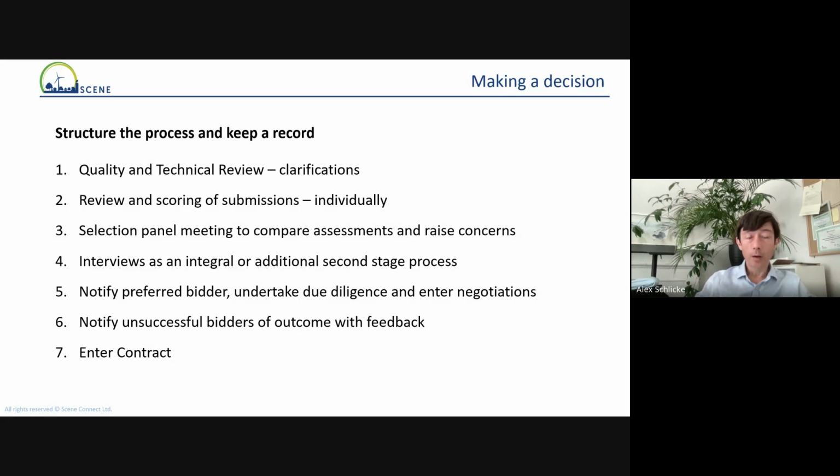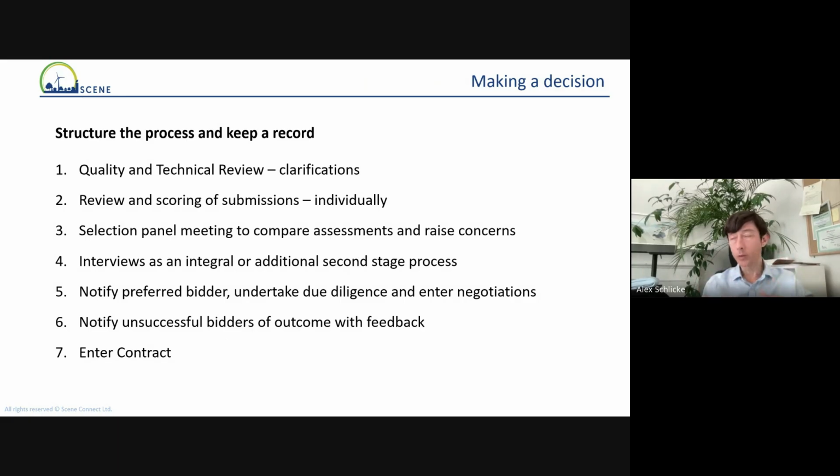Then have a system for reviewing and scoring the submissions, individually from the different panel members that will be looking through it, and then coming together as a panel to compare your assessments and discuss any points that you found were particularly good, or raising any concerns that you have with parts of the submission, so that you as a group identify your scoring order of the different suppliers.